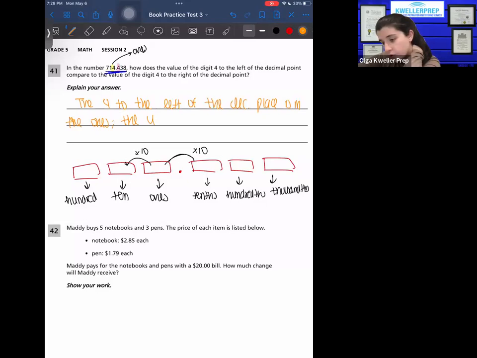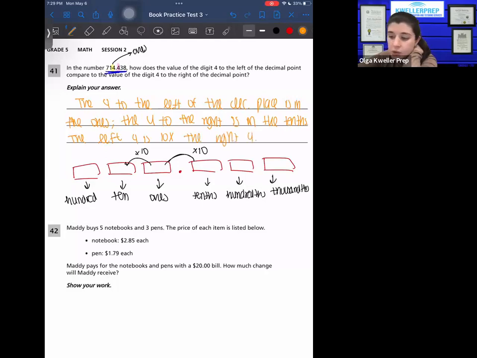The 4 to the right is in the tenths. The left 4 is 10 times the right 4, something like that.